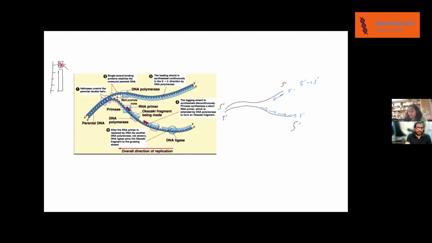Wait, let me think about that. So 3 to 5. So it can only read in the 3 to 5 direction. And it can only synthesize DNA in the 5 to 3 direction.